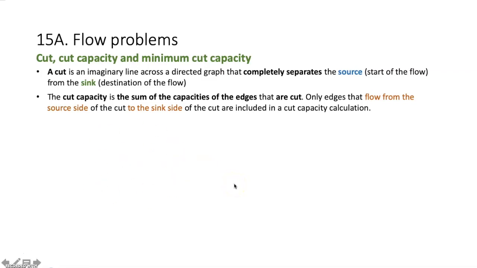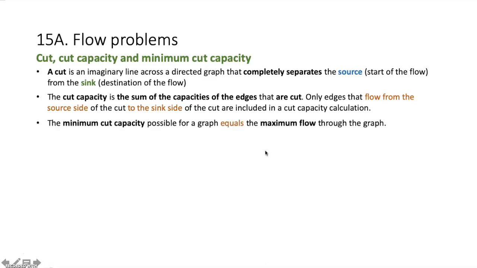Only edges that flow from the source to the sink side are included in a cut capacity calculation. The minimum cut capacity possible for a graph equals the maximum flow through the graph. Remember, in the last lesson we emphasized that when we are looking at the maximum flow, we're actually searching for the minimum capacities.